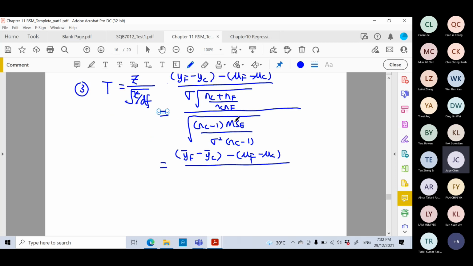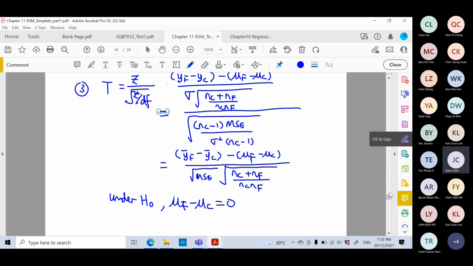So you will be left with only the square root of the MSE. Then you have the square root of the whole thing, NC plus NF divided by NC and NF. Under the H naught, the mean F minus the mean C will equal to 0.